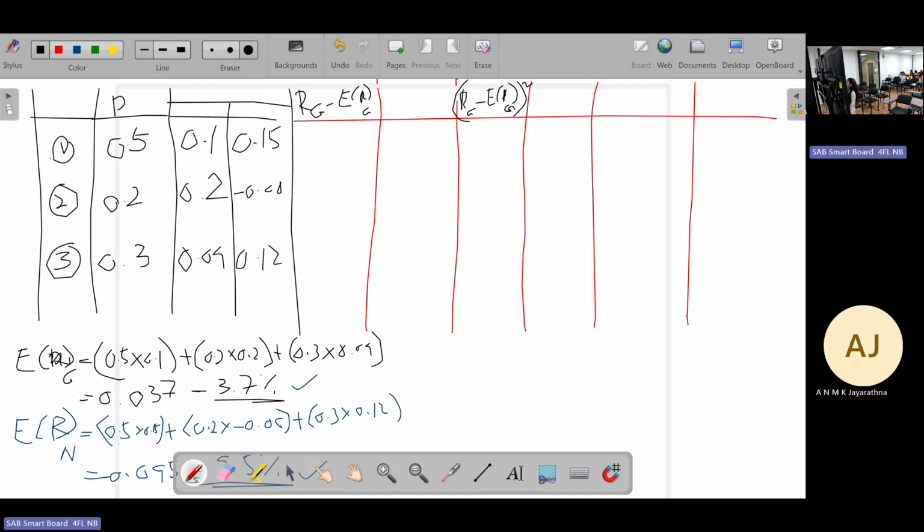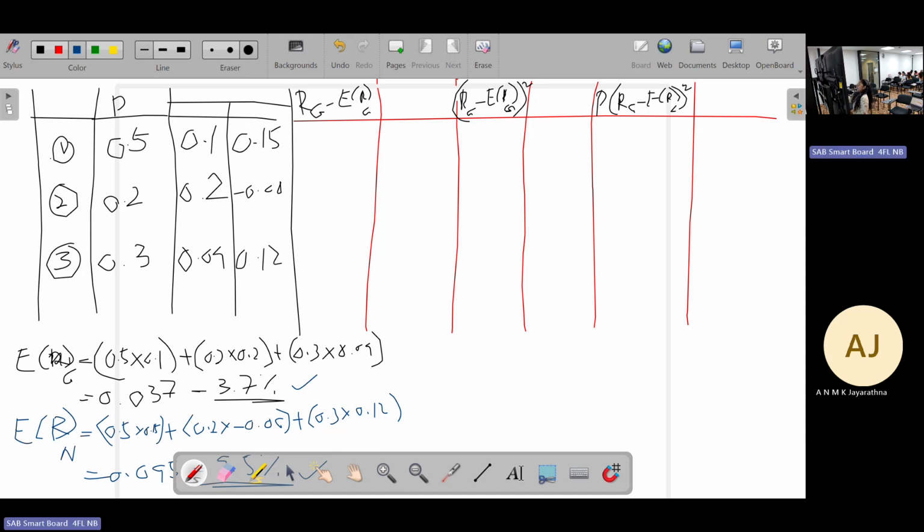Then apply the probabilities: probability multiplied by return of G minus expected return of G squared.